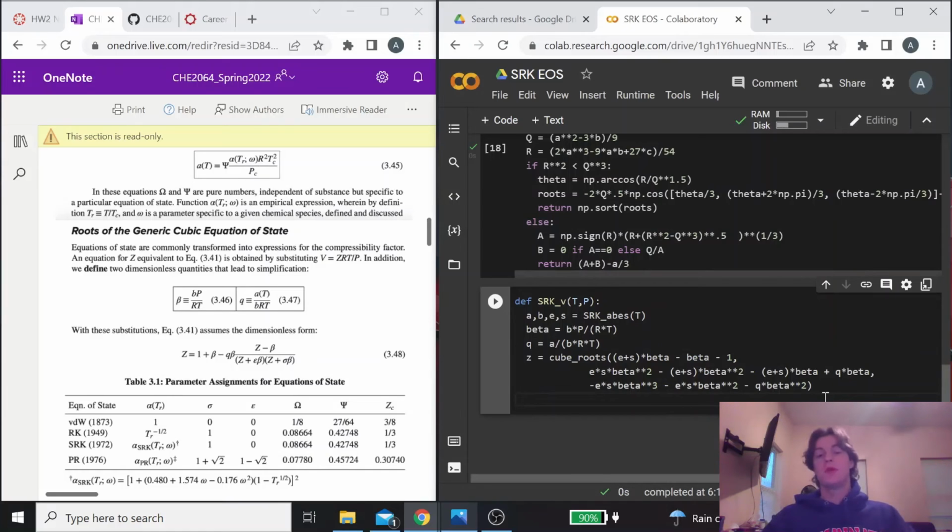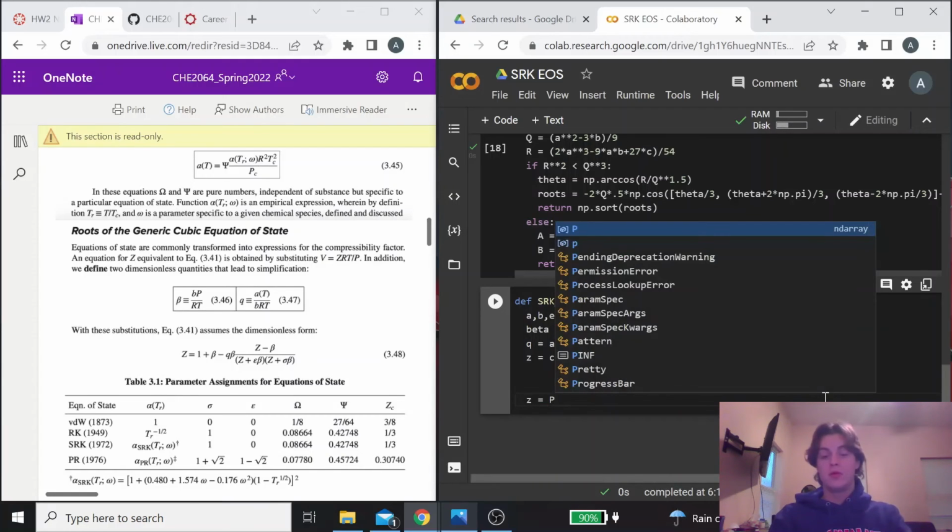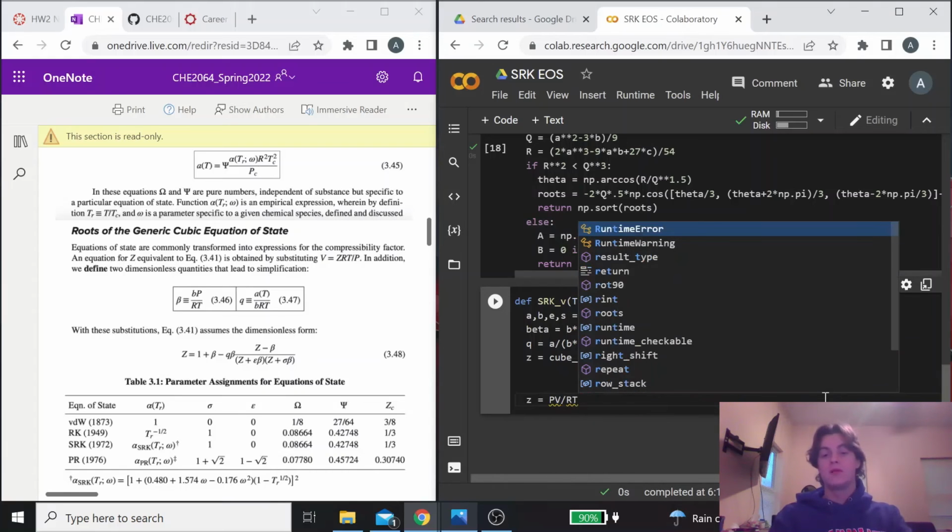From here, we know the relationship between our specific volume and z, and we can calculate our specific volume. So Z, which is the compressibility factor, is equal to the pressure times the volume divided by RT.